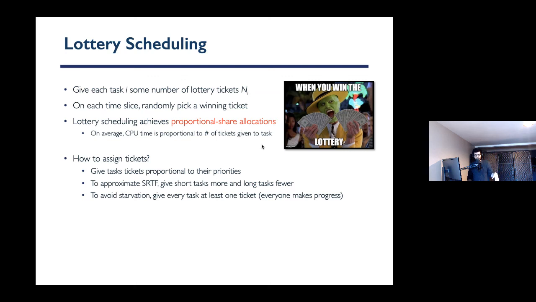Let's say this user of the system has paid me more than this one. I want the user who has paid Amazon, for instance, twice as much as the other one to get twice as much resources. So I'll give that user twice as many tickets. So it could be exogenous. It could be, you tell me how you want to do this.